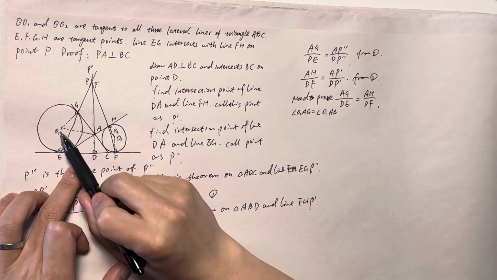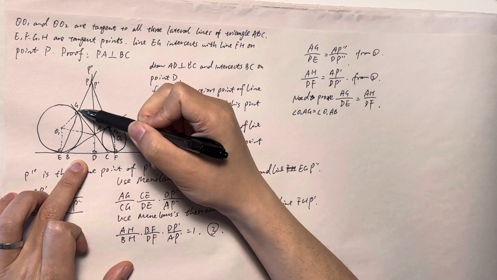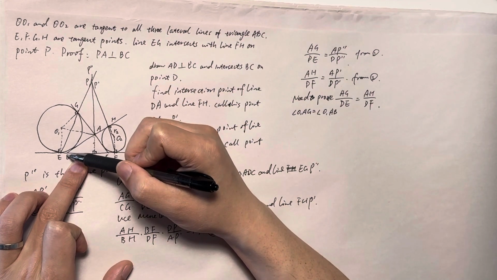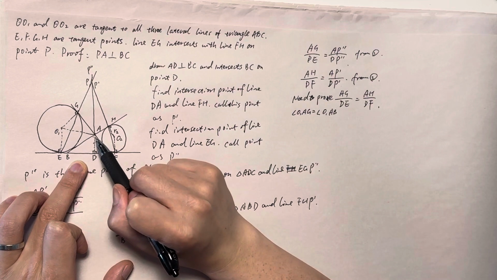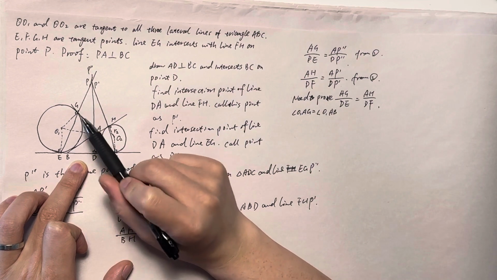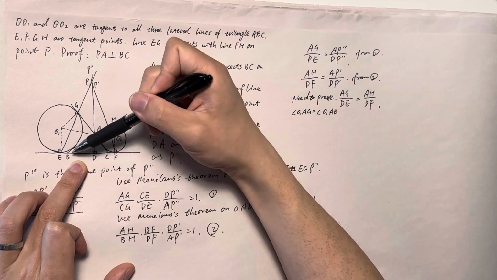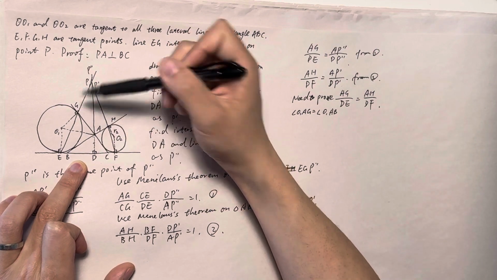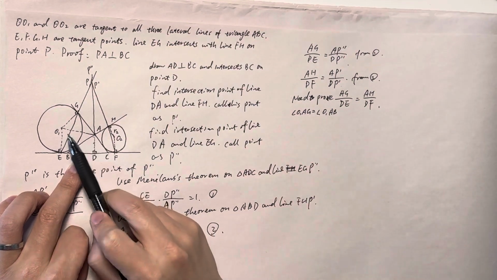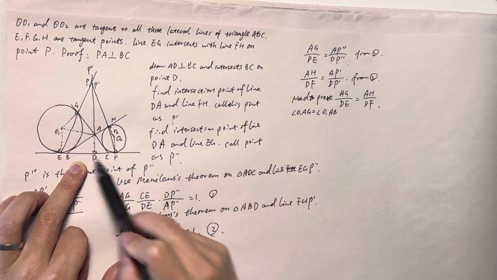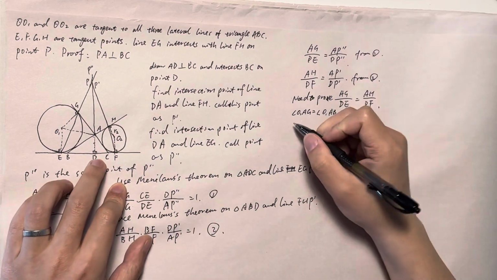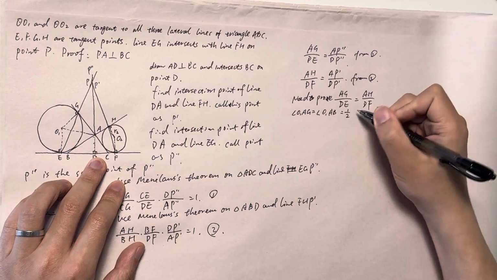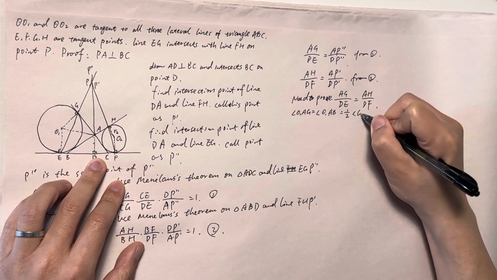Because AG and AB are tangent lines of O1, O1A is the angle bisector of angle BAG. So we got O1AG equals O1AB equals half angle GAB.